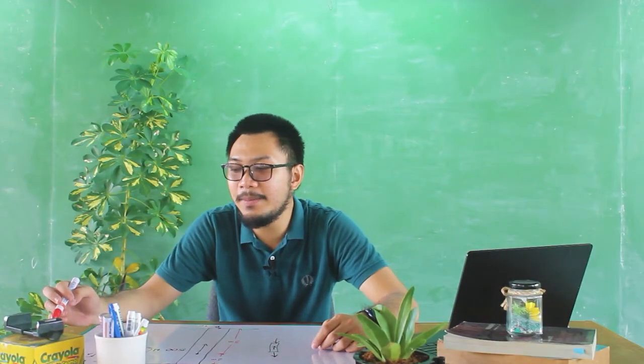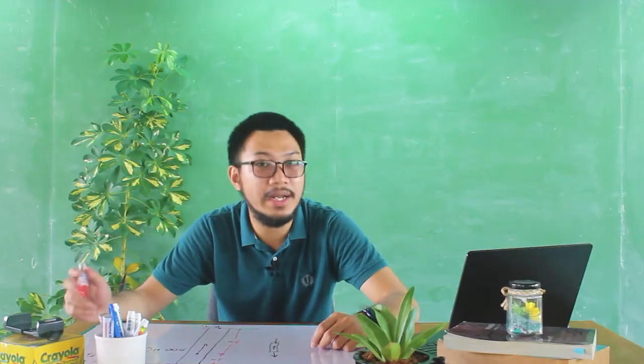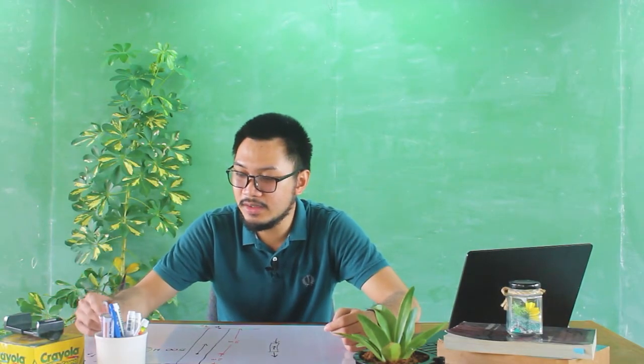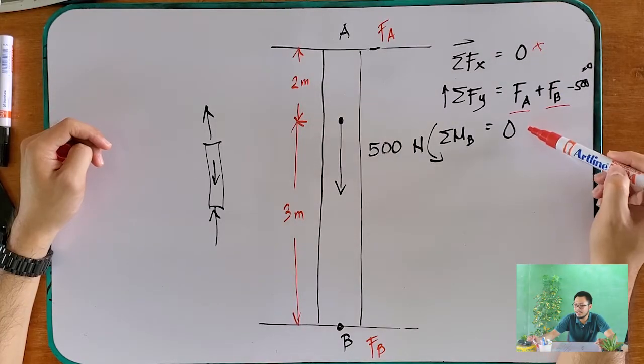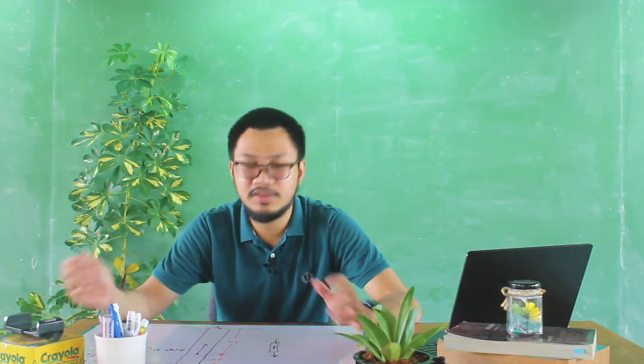And the problem is that when you have two unknowns, you should also have two equations to solve for the two unknowns. But we have a problem here because we cannot use this one and we cannot use this one. So we only have one equation to solve for two unknowns. And this is what you call a statically indeterminate axially loaded member.